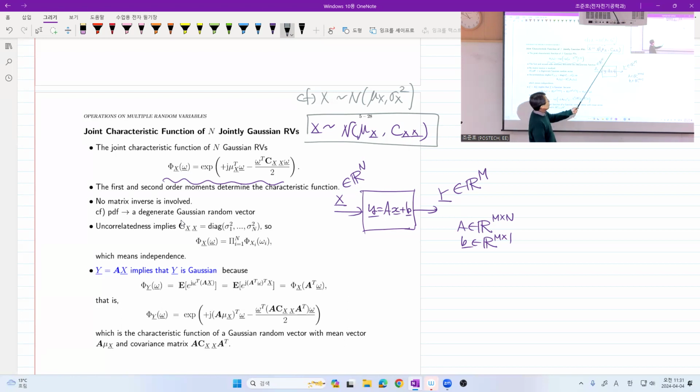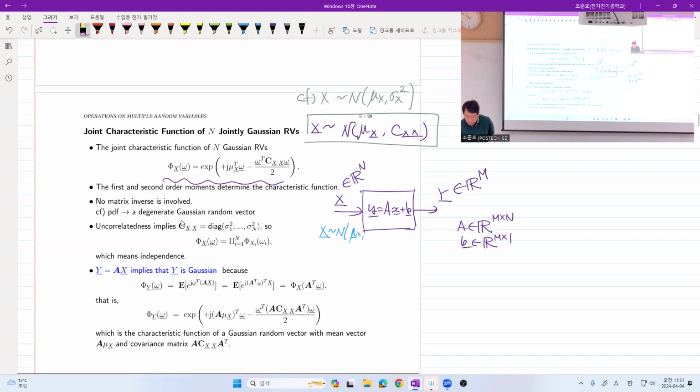But this is covariance, and if you consider the extreme case of one dimension, the covariance matrix of a one-dimensional Gaussian random vector is just the variance of it. So here I would say that x is a Gaussian random vector with mean mu x and covariance matrix C.